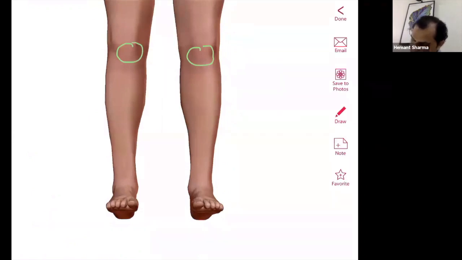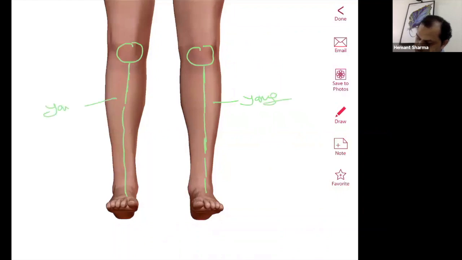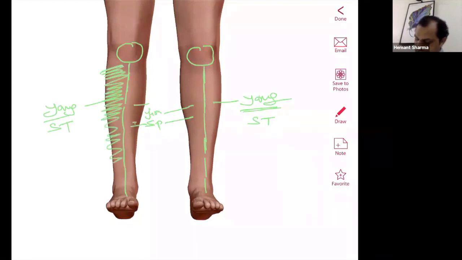If we divide from the center, this is the yang side and this is the yin side. The yang side is the stomach meridian and the yin side is the spleen meridian. So this whole side has been considered as the stomach meridian.